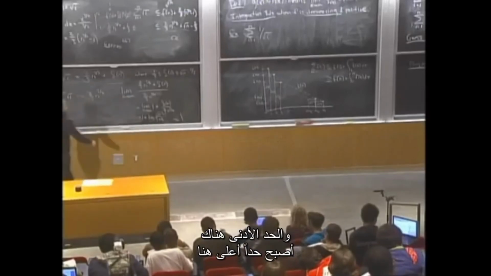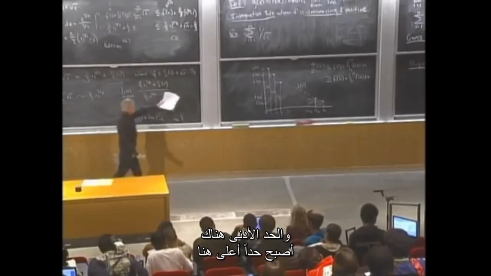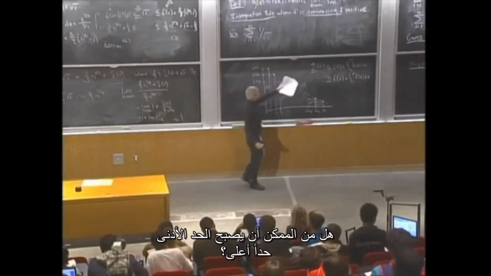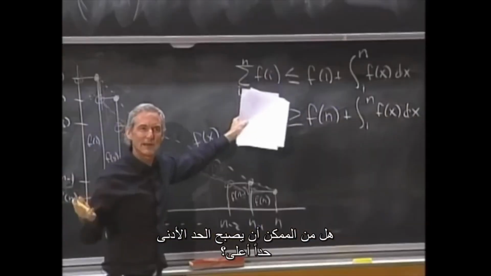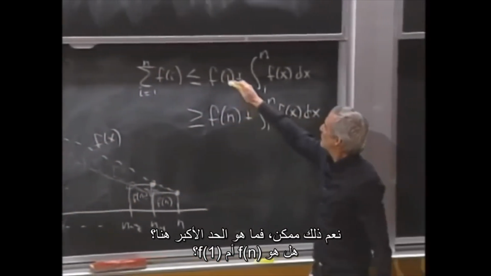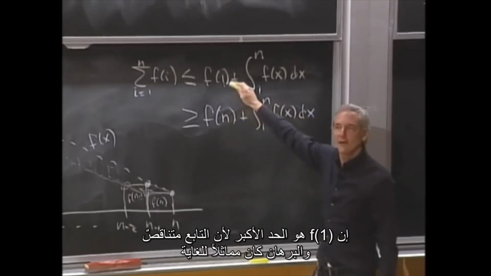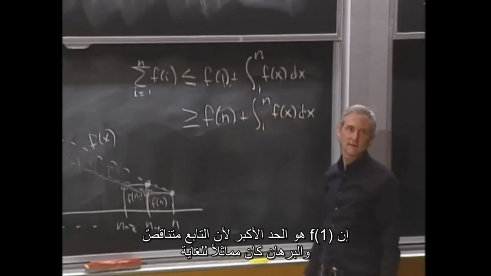The lower bound here, in that case, became the upper bound in this case. I mean, is that possible, that the lower bound became the upper bound? Yeah, because what really happened here, which is the big term in this case, f of n or f of 1? f of 1 is the big term because it's decreasing. So it's totally symmetric. All right?